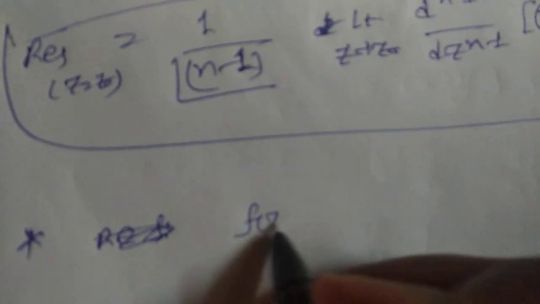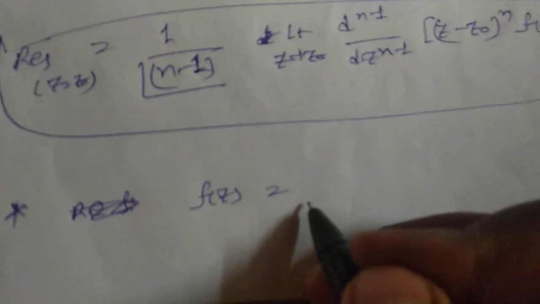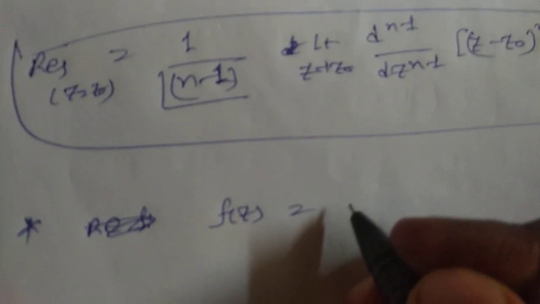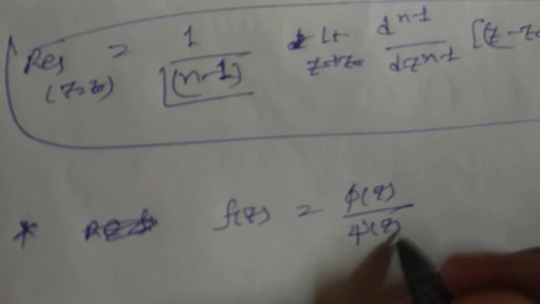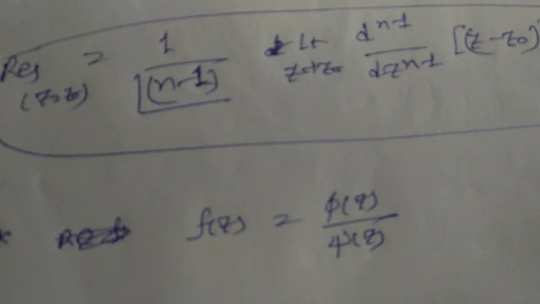Now consider another type of function, such as f(z) equals phi(z) by psi(z). Then what will be the residue?